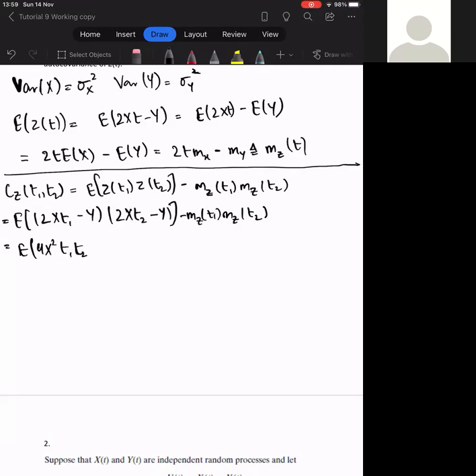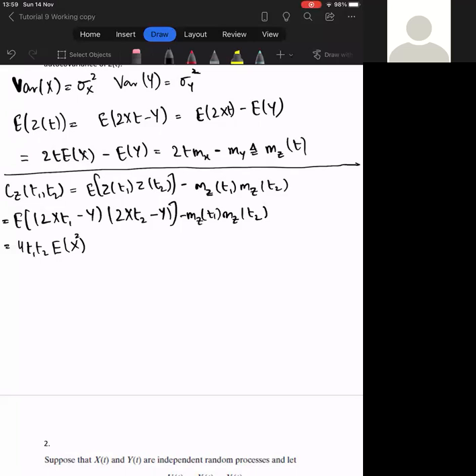I'm just going to start taking out the constants already, leaving only the random variables inside the expected value. So this would just become 4 t1 t2 E of X squared, mind you.